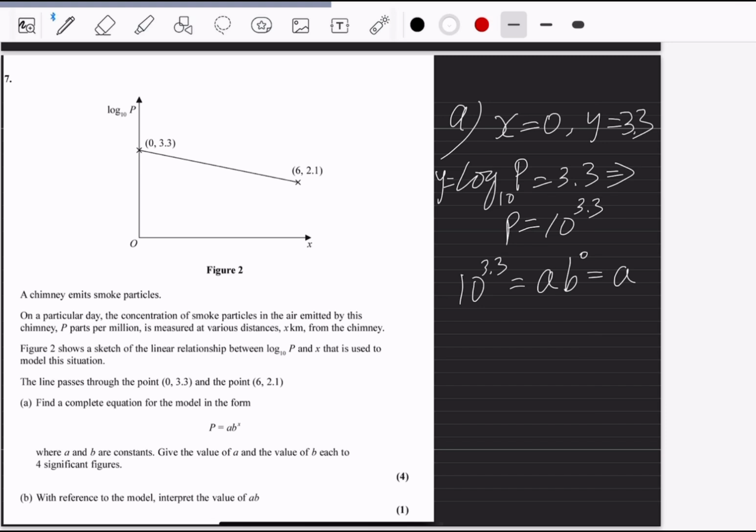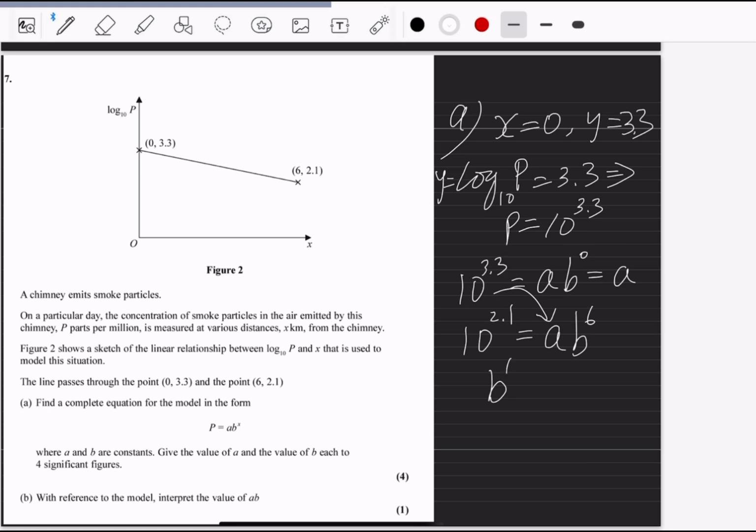Then how about the next point? When x equals 6, y equals 2.1. Similarly, 10 to the power 2.1 equals a times b to the power 6. We already know that a equals 10 to the power 3.3, so we can substitute into the second equation.